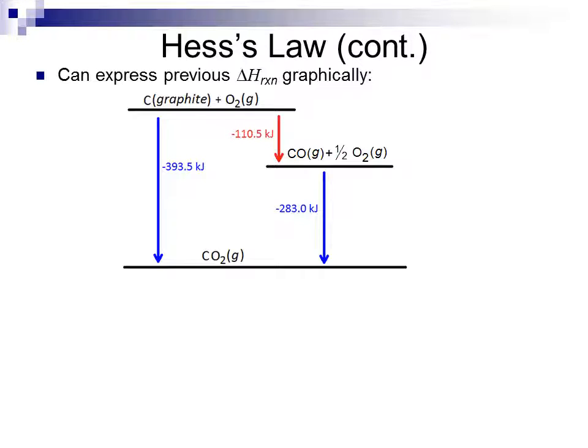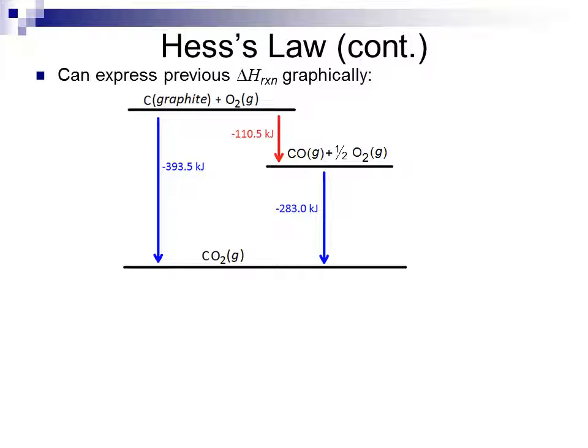If we take carbon as graphite, reacting with oxygen, that can go directly from those elements down to carbon dioxide with an enthalpy of negative 393.5 kilojoules. We can also go from graphite and oxygen to carbon monoxide and 1/2 O2 with an enthalpy release of negative 110.5 kilojoules.